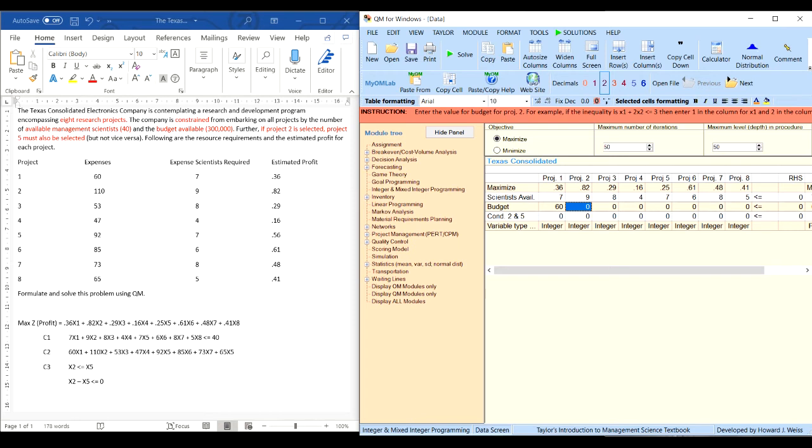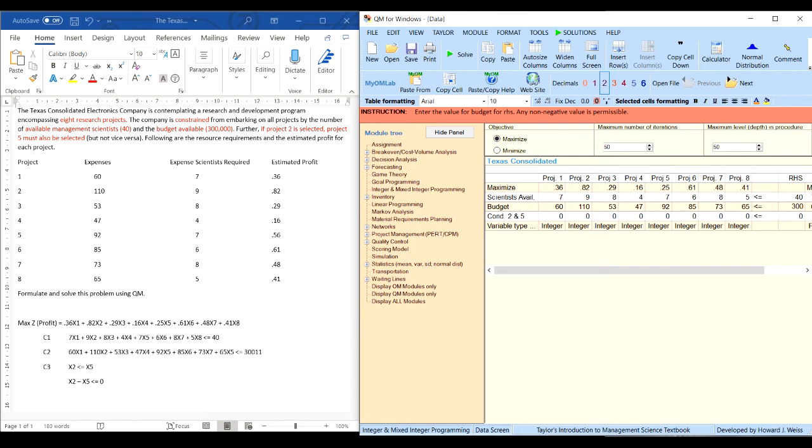Oh, when we did our constraints down here, we didn't do our budget. That was my mistake. 60, 110, 53, 47, 92, 85, 73, 65. So entering the relevant information on the right-hand side, 40, 300.